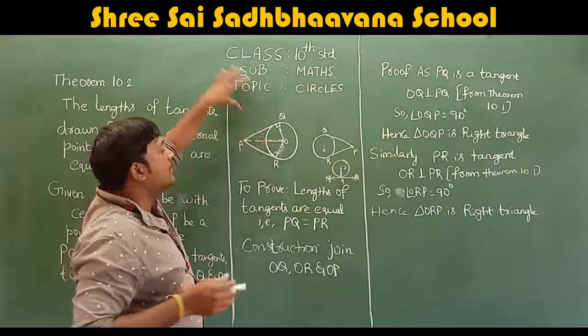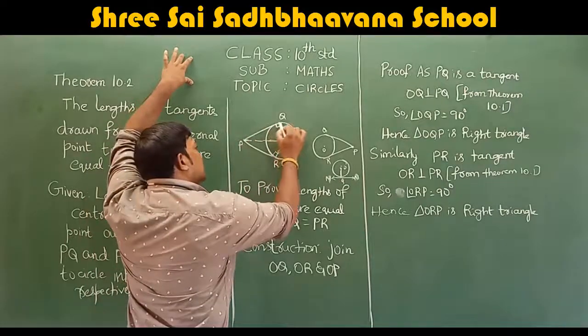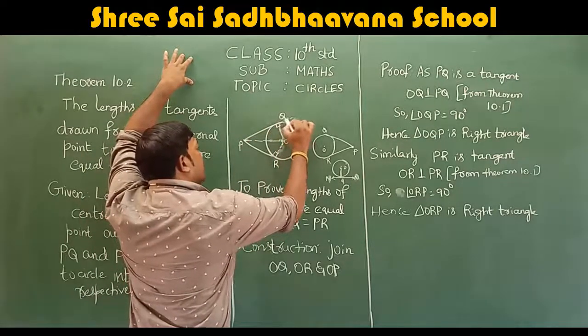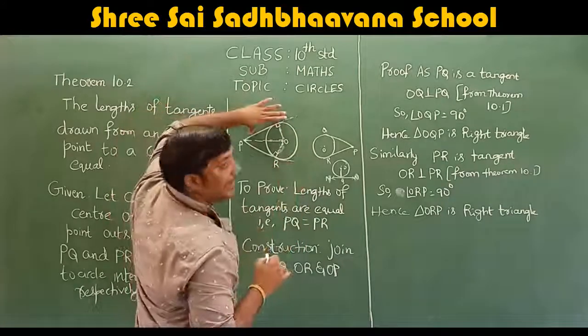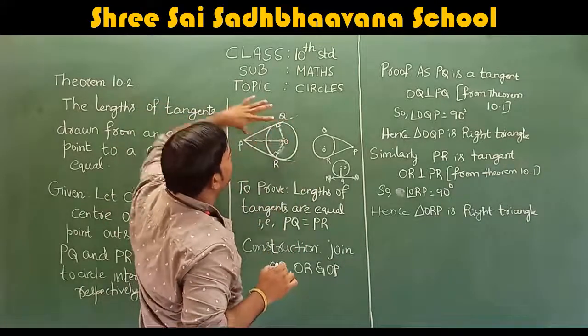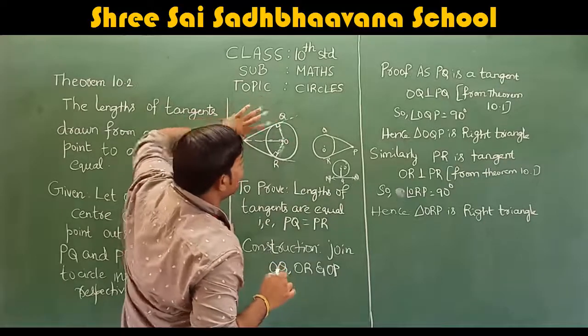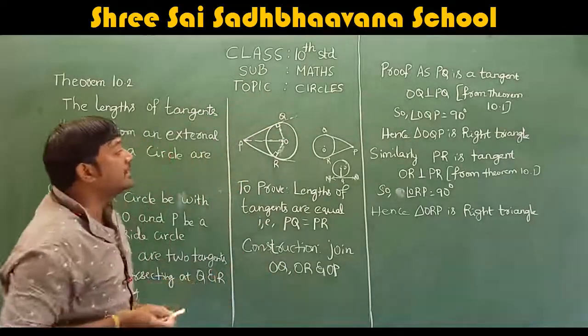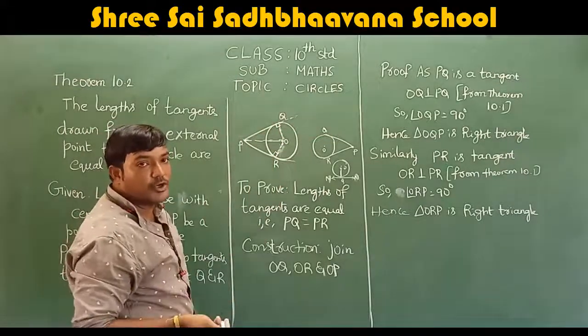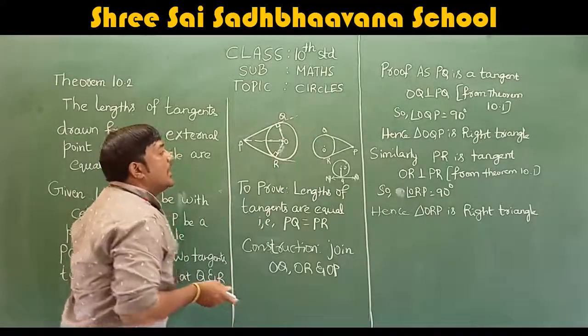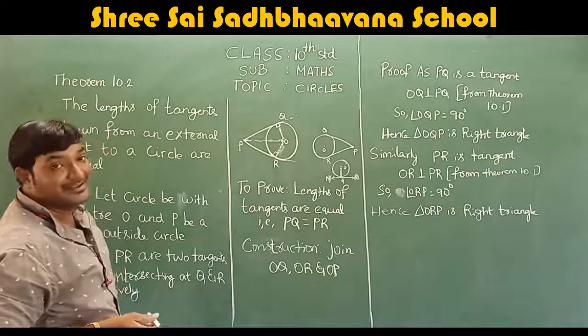So similarly here, we can consider this PQ as a tangent. I didn't prolong it, you can prolong it if you have any doubt. This will become one line, right? So obviously OQ is perpendicular to PQ. If this is perpendicular, the angle OQP is 90 degrees, isn't it? A perpendicular always makes 90 degrees.